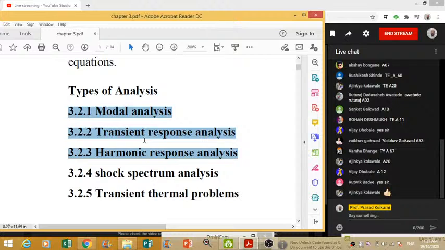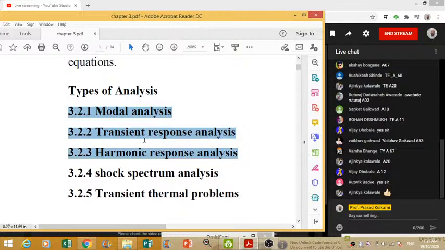This may cause an accident. Therefore every component of the helicopter must have a high natural frequency, greater than the rotor frequency of the helicopter blade. So natural frequency is very important to avoid resonance.